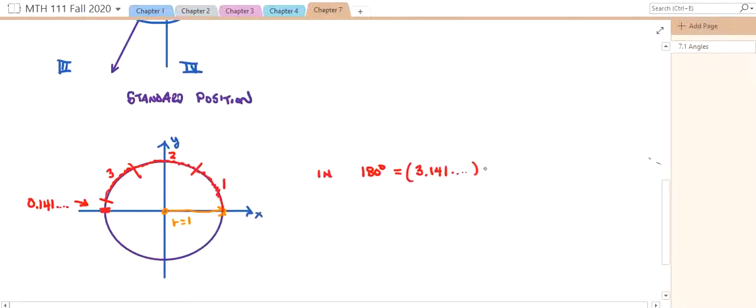But if the radius equals 1, it's times 1, equals 3.14, equals pi. I guess I'll put the radius in: equals pi r. So if r equals 1, then 180 degrees equals pi radians.